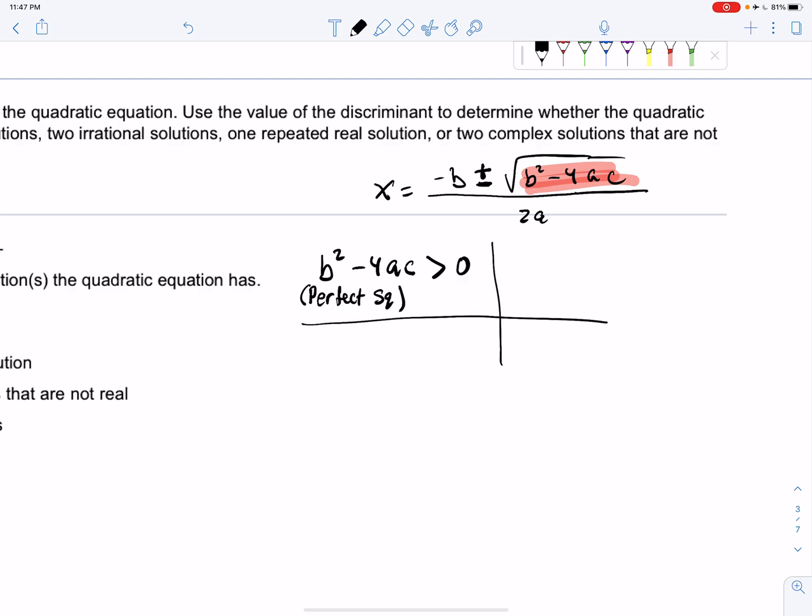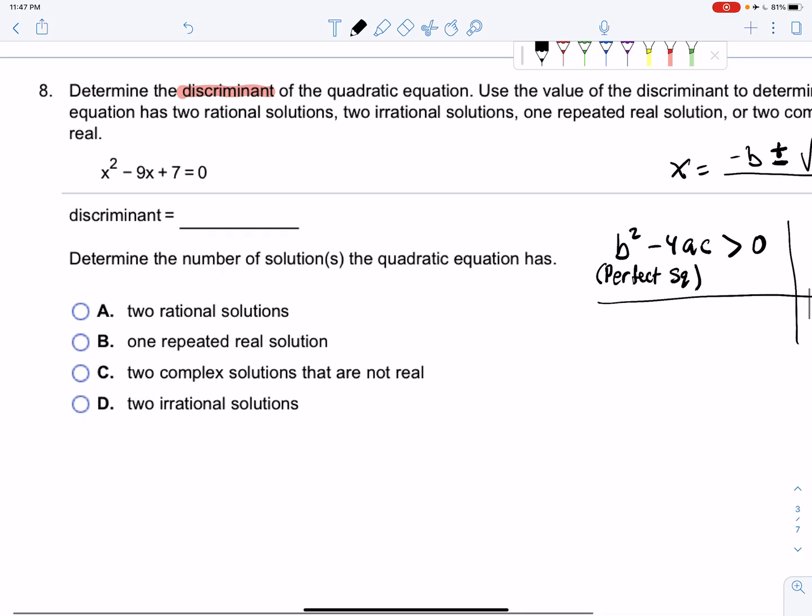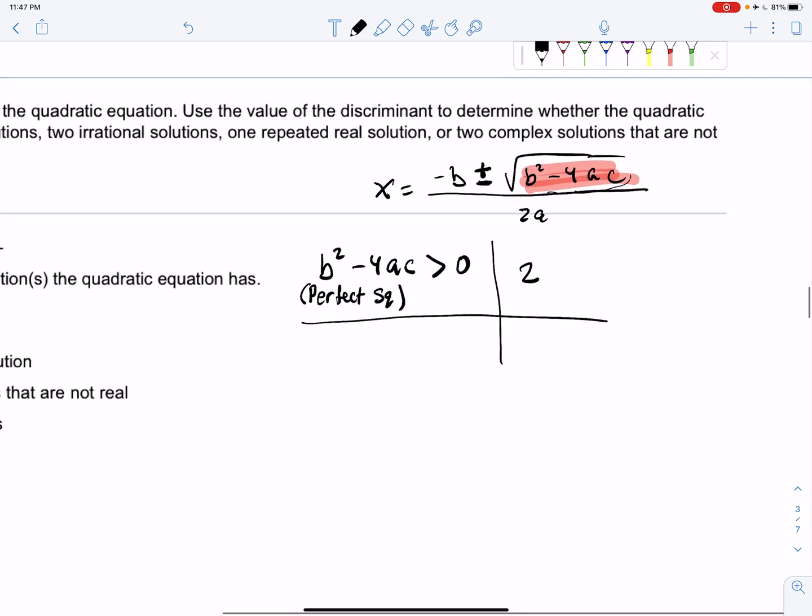How many solutions are you going to have? First of all, if this discriminant right here is a perfect square, you're still going to have the plus or minus, so you're going to have 2. And if it's a perfect square, it simplifies out. What are my options? You're going to have 2 rational solutions, aren't you? 2 rational solutions.